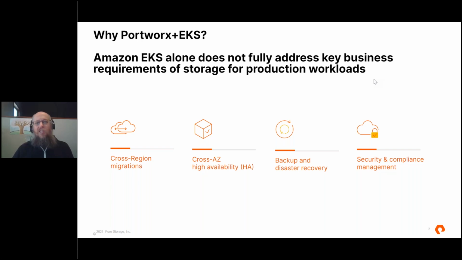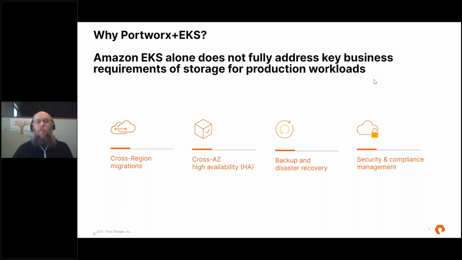Cross Availability Zone HA is another really big benefit that you get when running Portworx as your underlying storage engine for EKS. Without Portworx, EBS volumes are obviously going to be tied to a specific availability zone, and you're responsible for finding that solution for replication across those availability zones to prevent outages in the case of an AZ or a region failure.